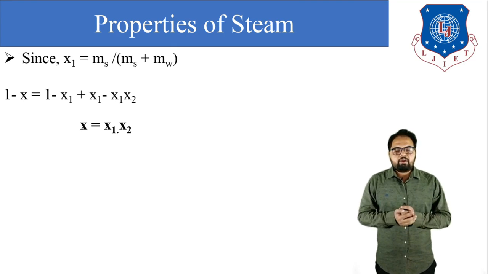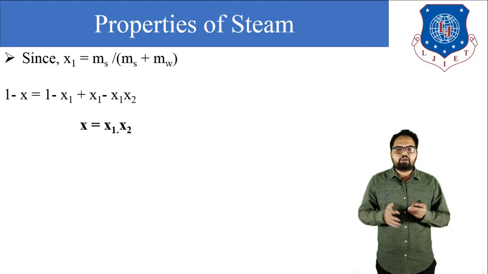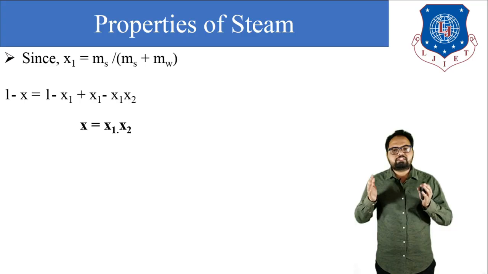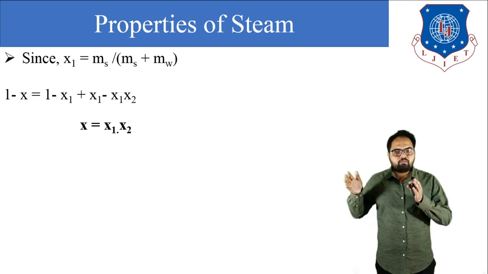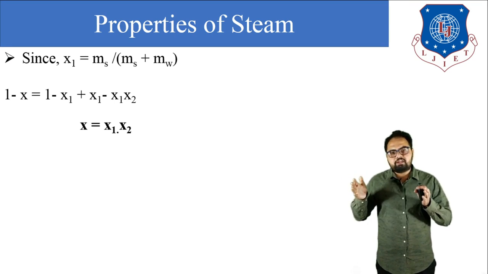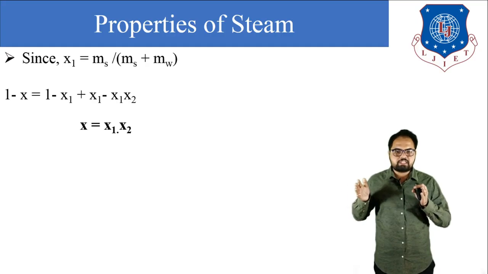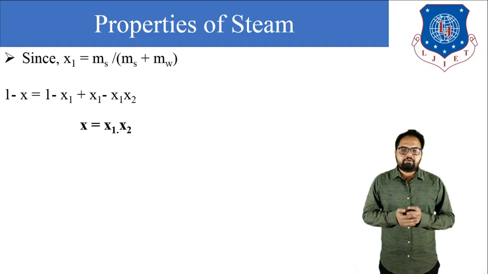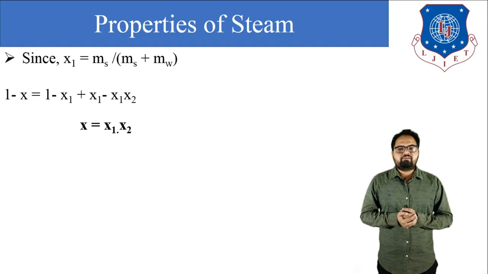But we know that after throttling the steam will be superheated, so there is no water present in it, so Mw will be 0. So that term will be (1 minus x2) into Ms. Putting this in, the water in the main steam line is equal to the water separated by the separating calorimeter plus the water separated by the throttling calorimeter. By putting in this equation we will get the final answer: x is equal to x1 into x2.